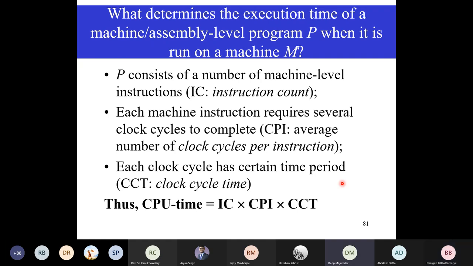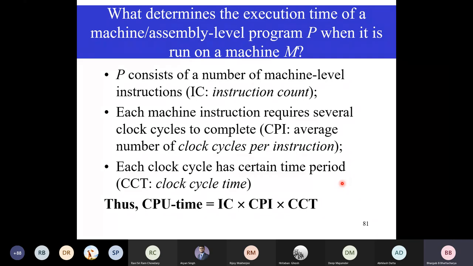So this equation is meant to give us an estimate of CPU time. It's not meant to be accurate. Estimate is fine, because exact computation is not really possible. It is possible in real time, if you run your program and observe the CPU time. That's the real-time computation. But here you are computing in advance. This is an expected CPU time, or an estimate of CPU time, you might say, right?